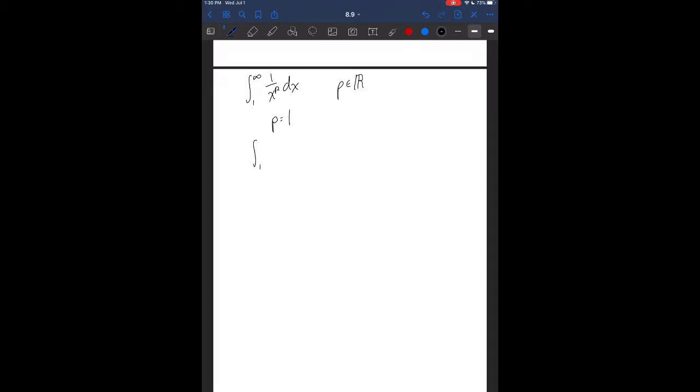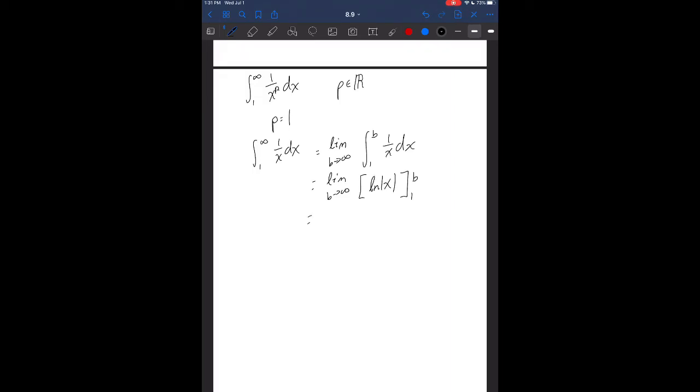So the integral from 1 to infinity of 1 over x dx, right? This is same as before, the limit as b goes to infinity of the integral from 1 to b of 1 over x dx. The integral of 1 over x is natural log, so we have the limit as b goes to infinity of natural log of x evaluated from 1 to b.